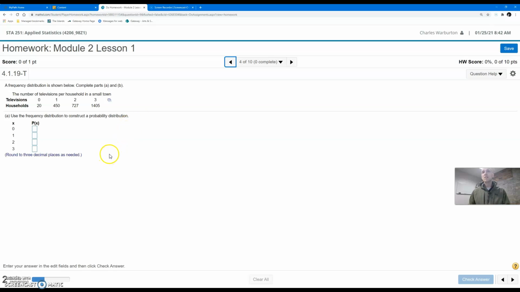We'll talk about continuous in the next video, but continuous is not countable, but it's measurable. That would be things like height. Let's be more realistic with height. There are possible outcomes between 5 feet and 6 feet. I might measure somebody and they might be 5 foot 6 inches.